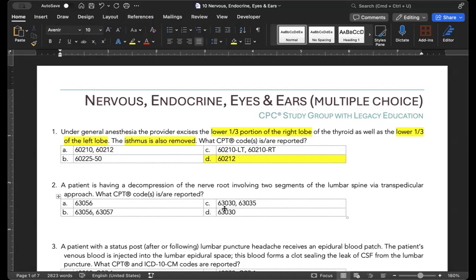So 63030 is for a laminotomy with decompression of the nerve roots, including a partial facetectomy, foraminotomy, and/or an excision of the herniated intervertebral disc. It's one interspace done in the lumbar area. So we're doing a decompression.